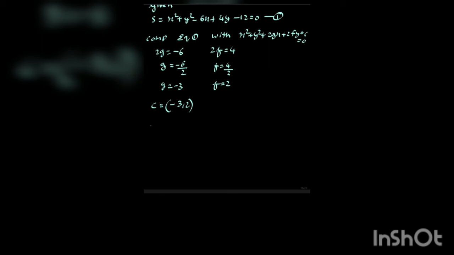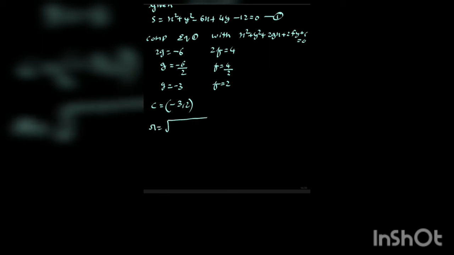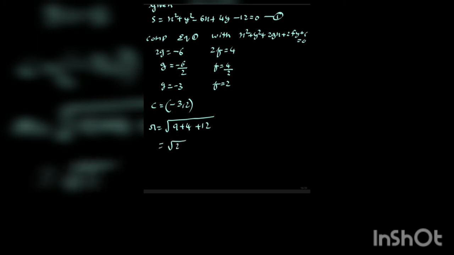So we can also find r, that is root over g square plus f square minus c. So 9 plus 4 plus 12. So it is root 25. So root 25 means 5 square and root get cancelled. And also given that two angles, one is 30 and one is 60.